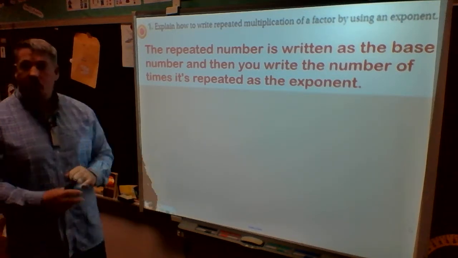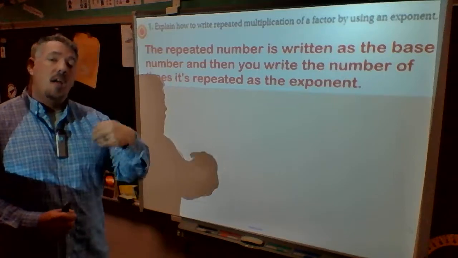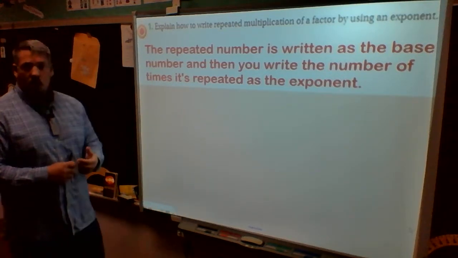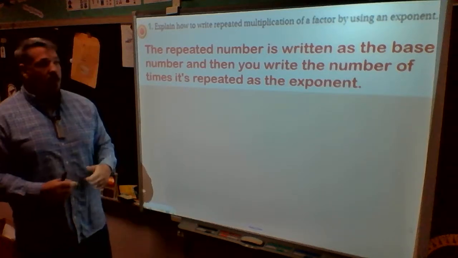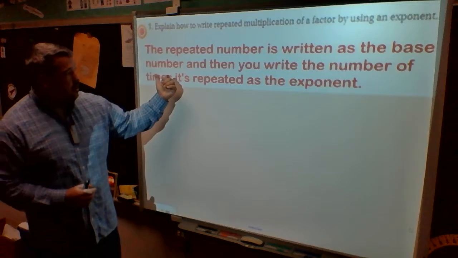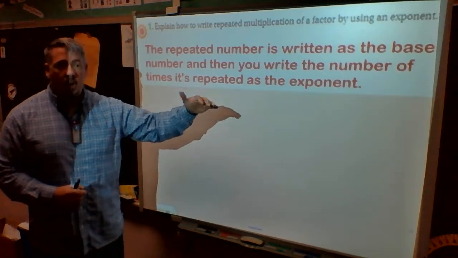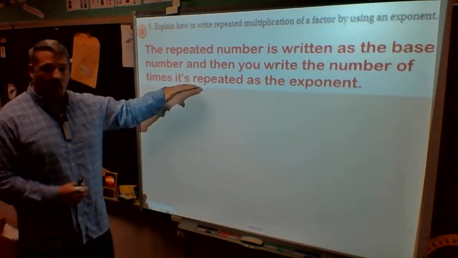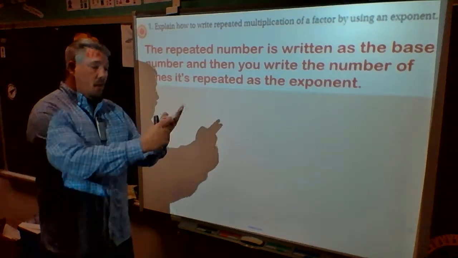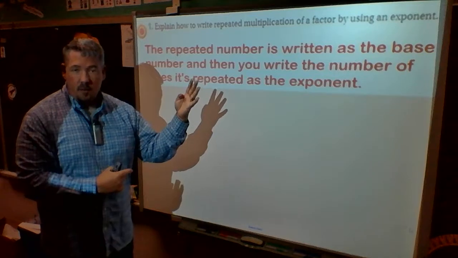I'm going to read through it twice, and then you can pause the video and continue on once you have it written down. So the repeated number is written as the base. And as that base number, you're going to write the number of times it's repeated as the exponent. So we had 3 times 3 times 3 times 3 a moment ago.